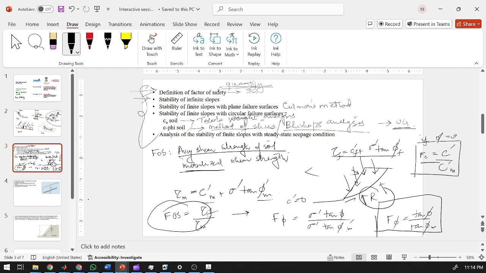So if we have FS is equal to c dash plus sigma dash tan phi dash over cm plus sigma dash tan phi m.